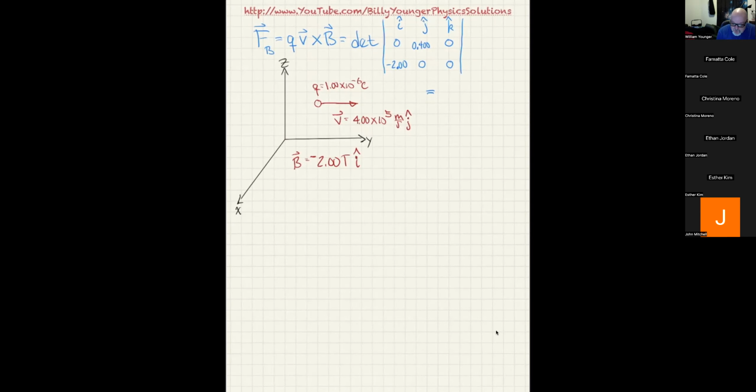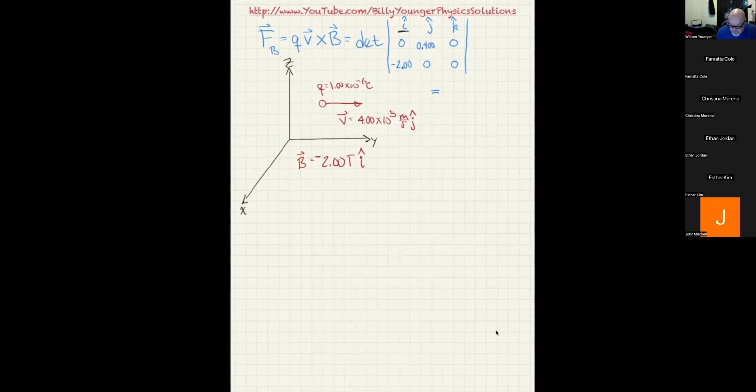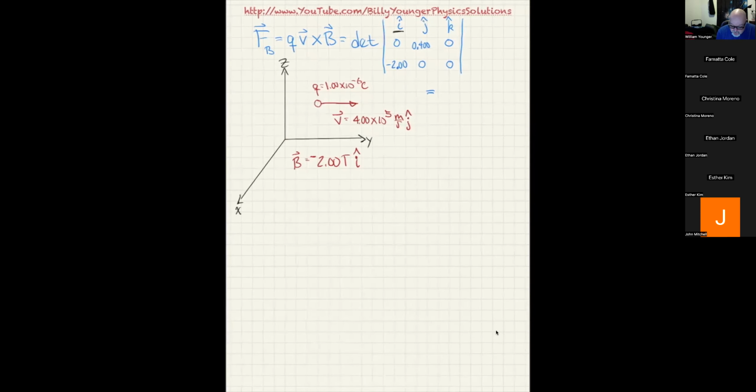So first off, I'm going to expand upon I hat. So I write down here, I write I hat. And now what that means is this row and this column are out of play. That leaves me that little 2 by 2 matrix in the corner.